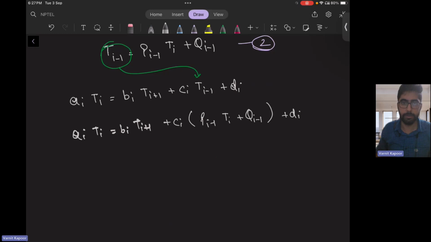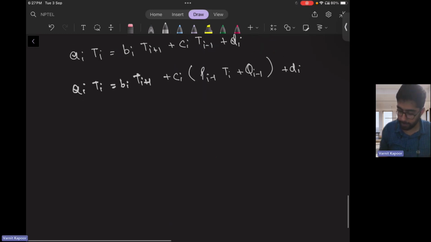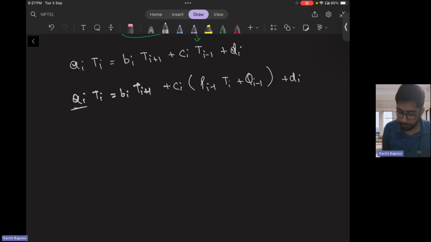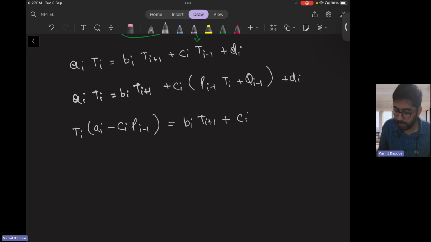So T of i is nothing but A of i minus C of i P of i minus 1, and the Ti plus 1 coefficient is as it is, B of i T of i plus 1. And the remaining C of i Q of i minus 1 plus D of i. I hope this much is clear.